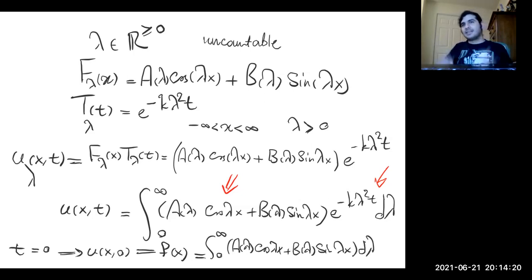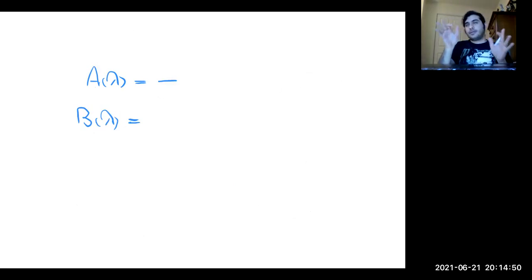This is exactly what we did in order to find the Fourier series of a function f. You can write down the Fourier series of f to see what A and B are. So A lambda and B lambda can be written from the Fourier series of f. There's a small difference with the previous case.